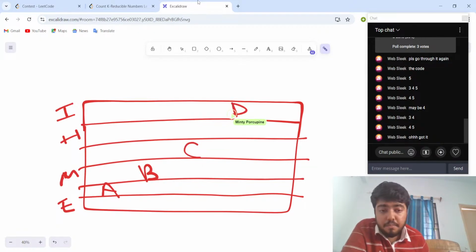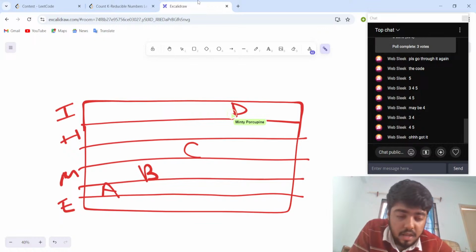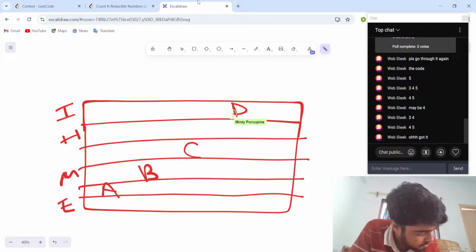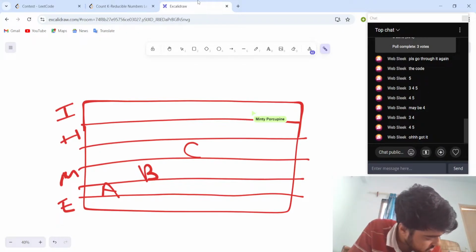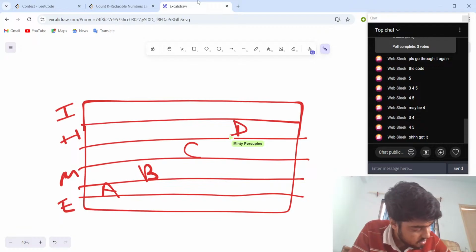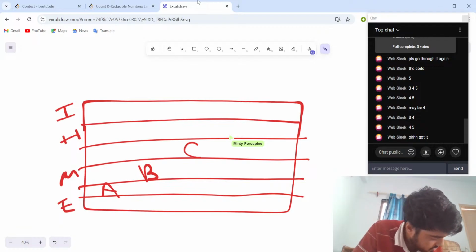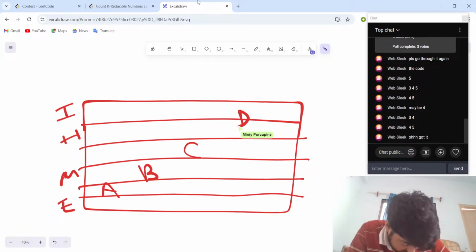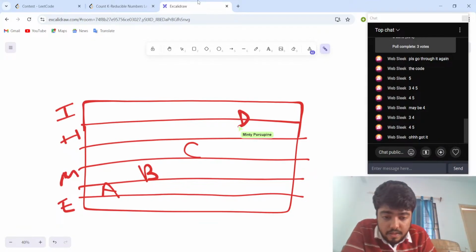And D I will keep in impossible, just because of the time constraint. If you're having a contest for 1.5 hours, it is difficult for you to understand and come up with the logic for D. So that is the reason I'm keeping it at impossible. Actually, I won't keep it at impossible. I'll just keep it at hard only. Somewhere between this. Okay. So that's the rating from my side.